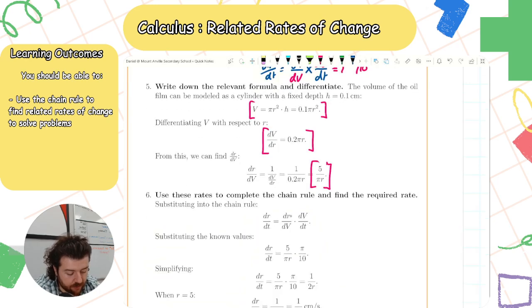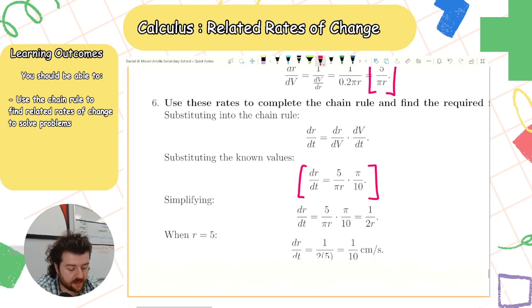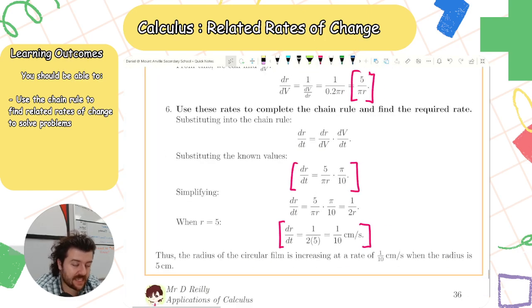Sub them into my chain rule: dr/dt is equal to 5 over πr times π/10. Then simplify, I get 1 over 2r. Then sub in r is equal to 5, I get 1 over 10. So the radius is increasing at a rate of 1/10 when the radius is 5.